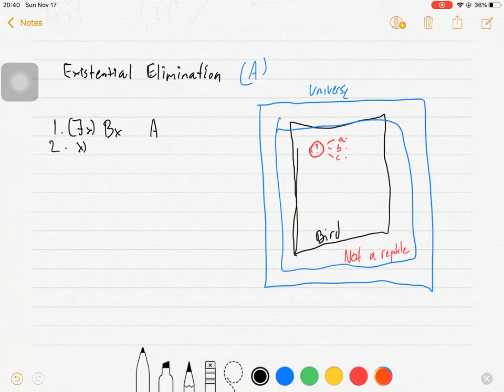Let's say I said for all x, if x is a bird, then it follows that x is not a reptile. Let's say that my goal is to stipulate that there exists some x such that x is not a reptile. In order to get to this conclusion, I'm going to have to make a number of moves.